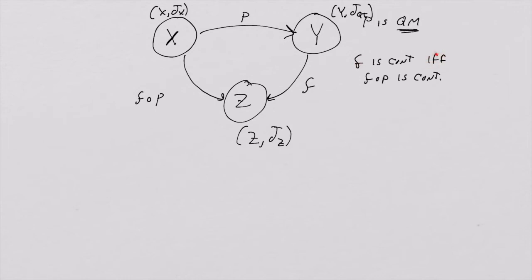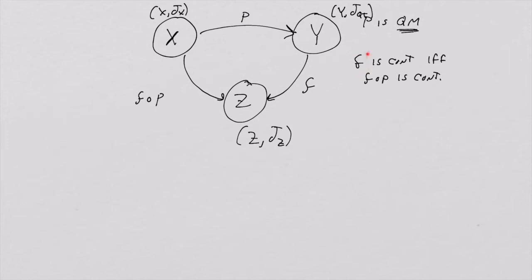So to get the if and only if, you assume this, prove that, then you assume the continuity of that and prove the continuity of this. So one step is actually pretty easy, because if X is a topological space and P is a quotient map, well then Y, having the quotient topology, P is definitely continuous.